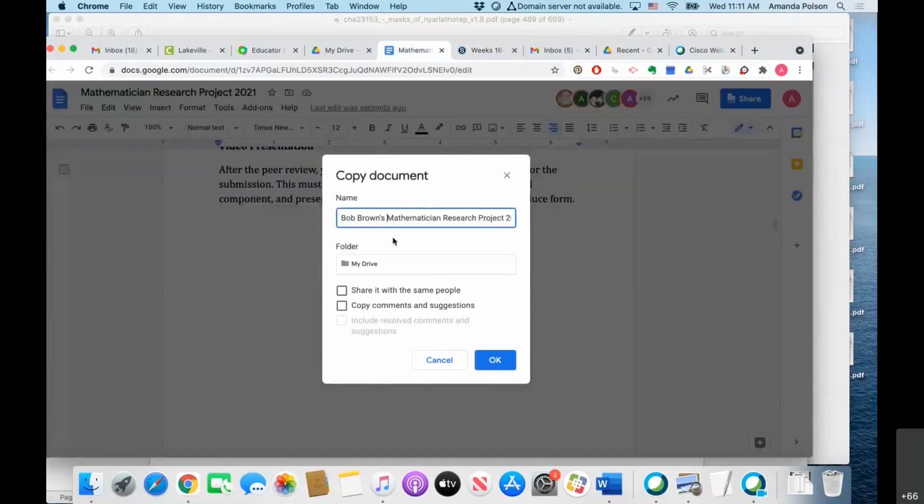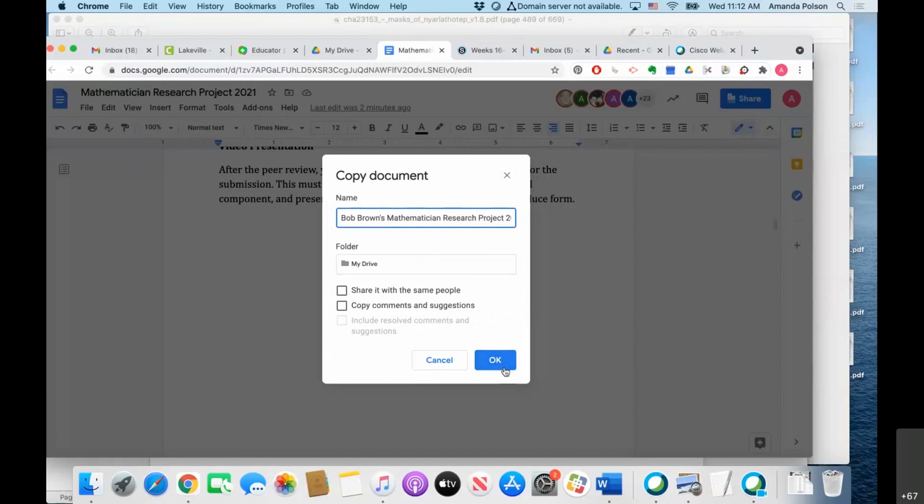The first thing you need to do, and we're going to go over that, don't worry, is making a copy and putting your name on it. So Bob Brown, or Adrian Smith, or Elena Rydberg, or Ali Forte, or whatever your name is. Those were just the names of the people who I could see on my screen right now. Mathematician Research Project.